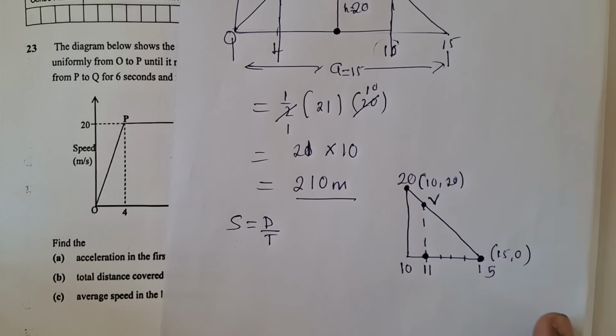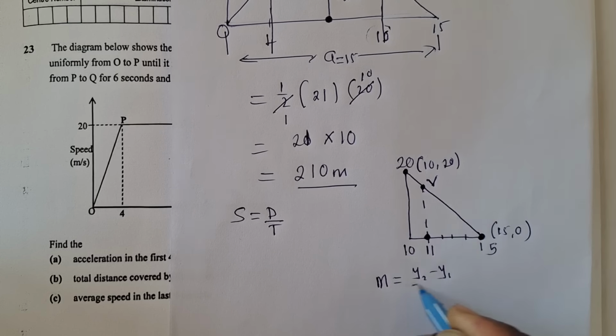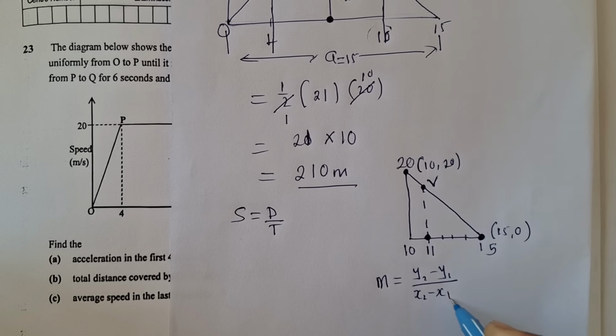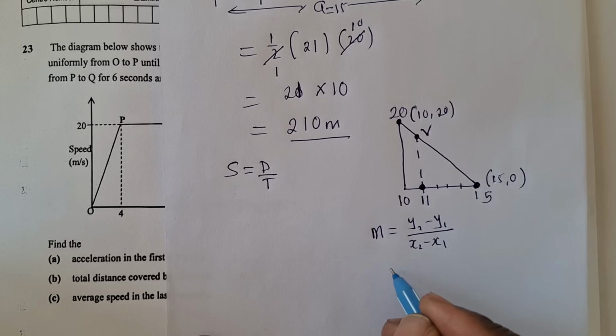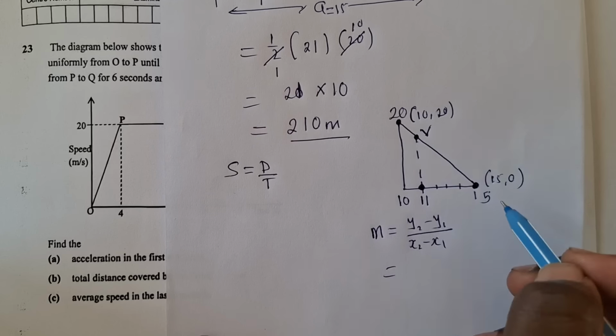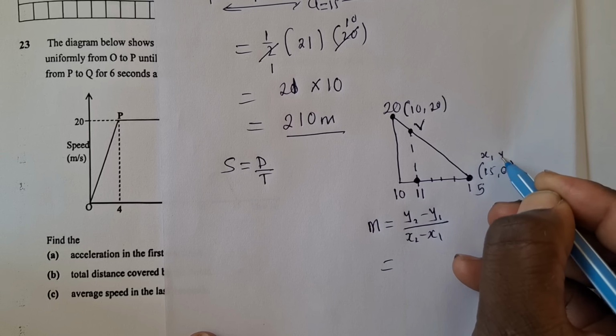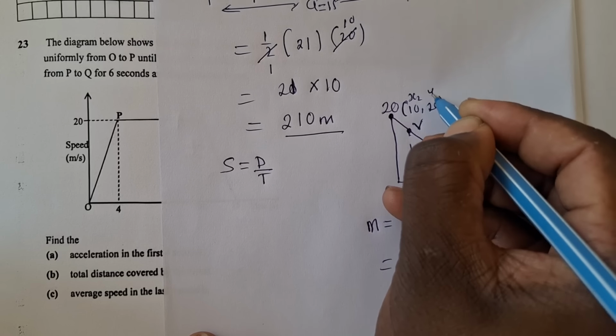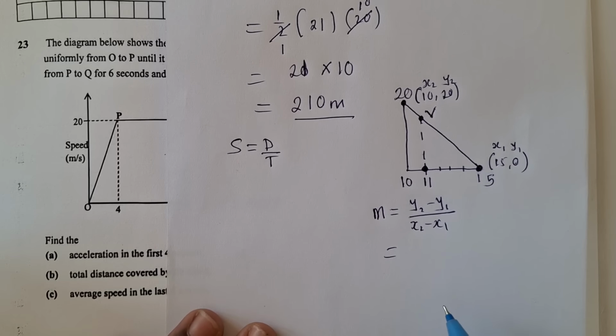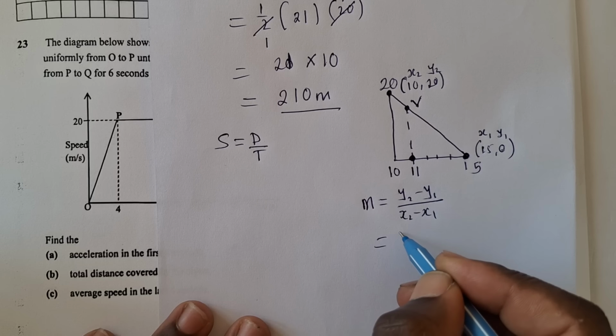So pick the two coordinates and find deceleration. So you can find deceleration by using this formula, okay? The gradient. I know you know how to find gradient. So use the formula of finding gradient. And then on these coordinates, I'll start with this. So this is my x1, y1, x2, y2. So once you get like that, you just plug in your formula.